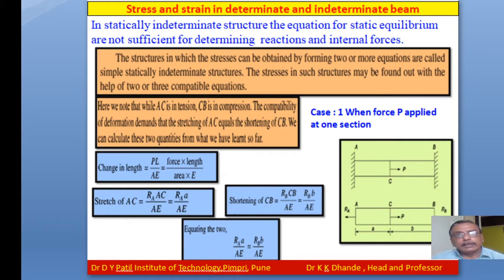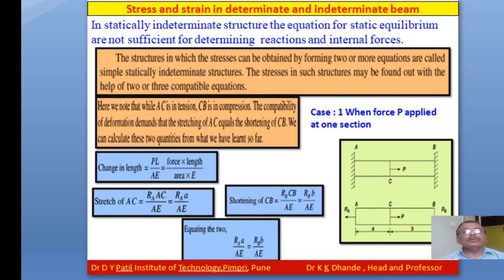In the previous determinate structures, to calculate the stress and the change in length or elongation, there is only one equation each for stress as well as for deformation. With the help of that, we can calculate the stress induced in the respective sections and the elongation in particular sections. But in indeterminate sections, the equations of static equilibrium are not sufficient for determining the reactions and internal forces.